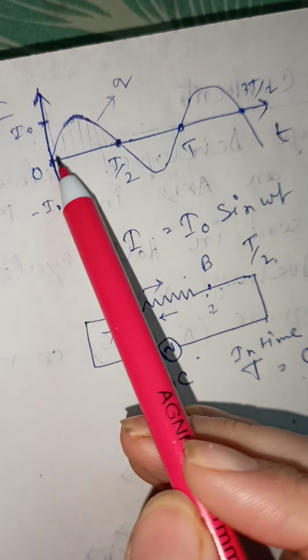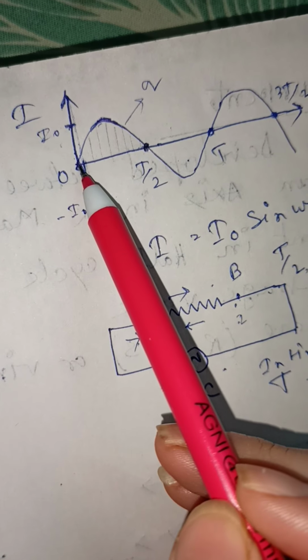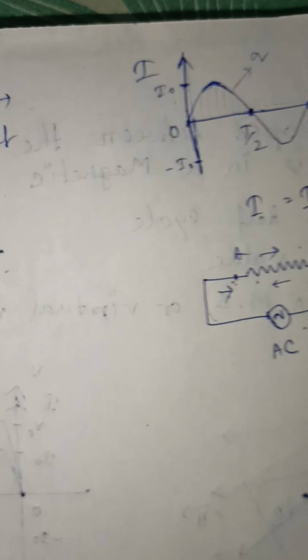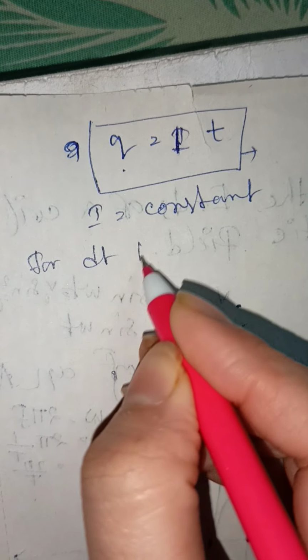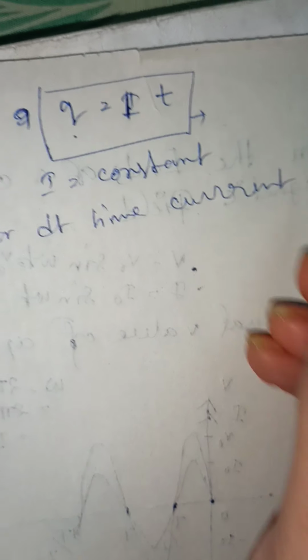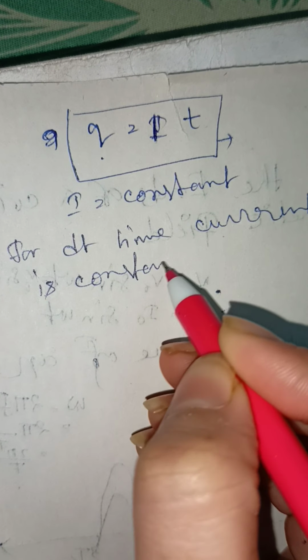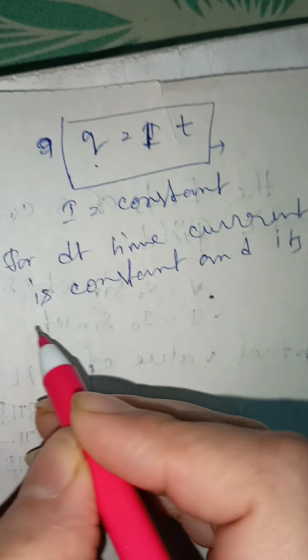But in this case, for an AC source, the value of current is not constant, it is continuously changing, right? So in this case we can assume that for dt time the current is constant and it's I.